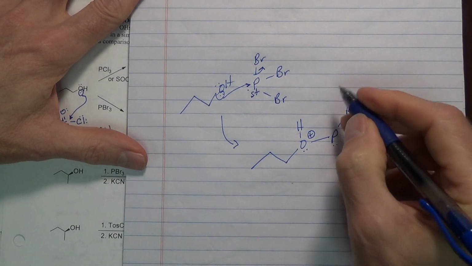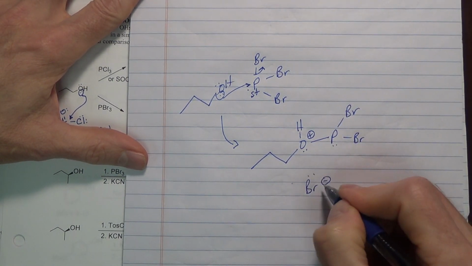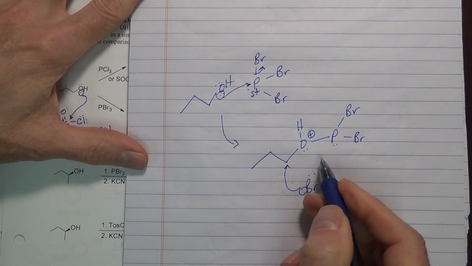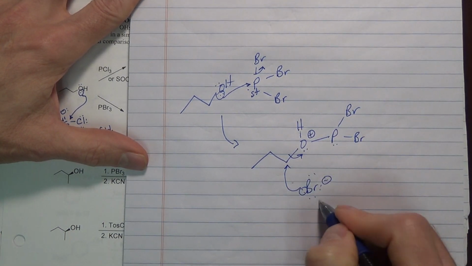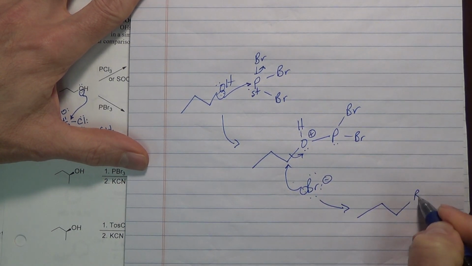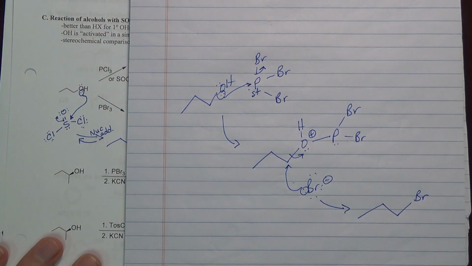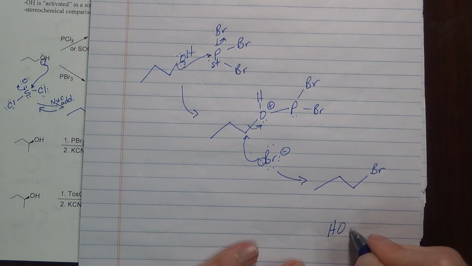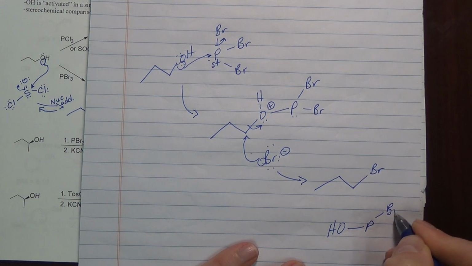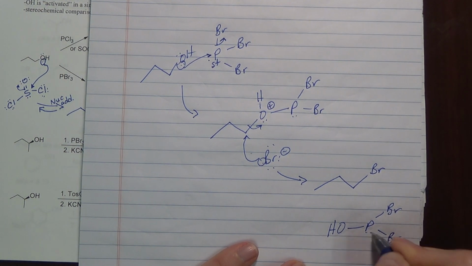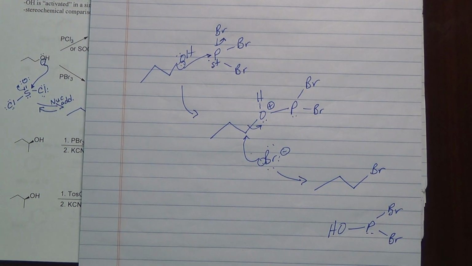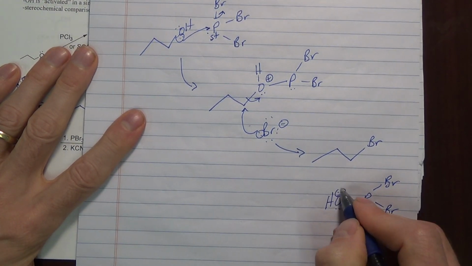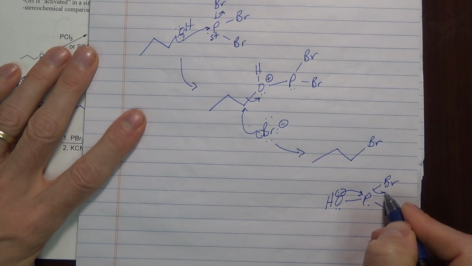Okay. But then that Br minus that we've kicked off can come back. See, this oxygen looks activated. Kick that off. And we get our alkyl bromide there. And here you end up with this here. Now you could think about here, these electrons come in here and kick this off.